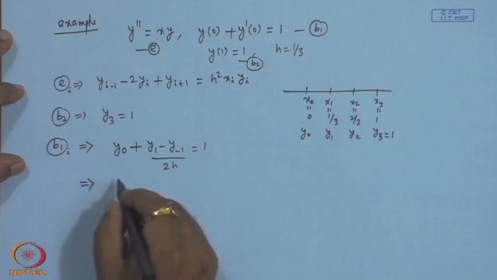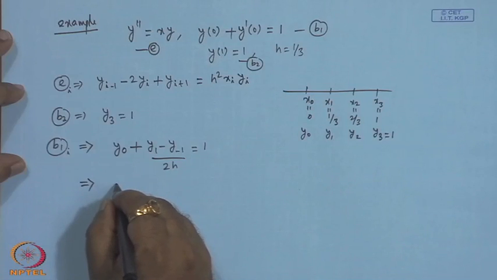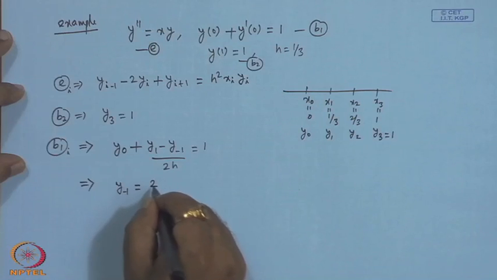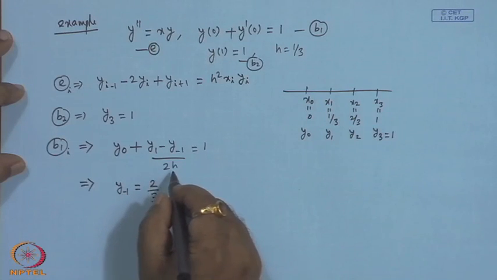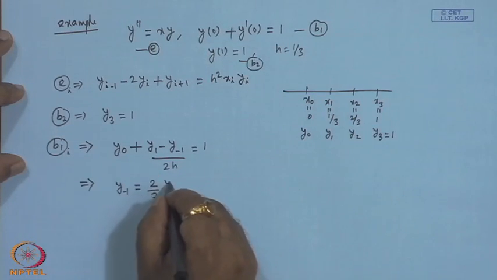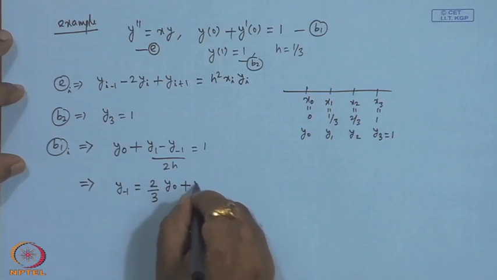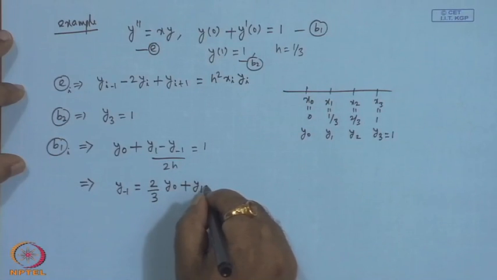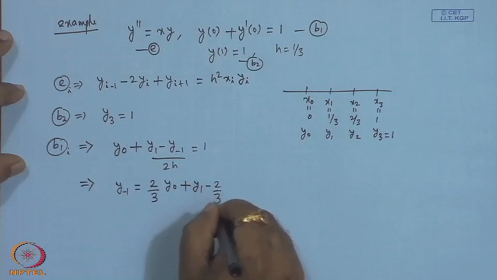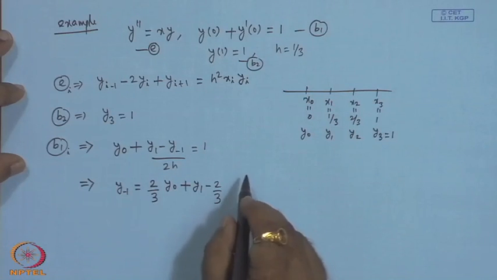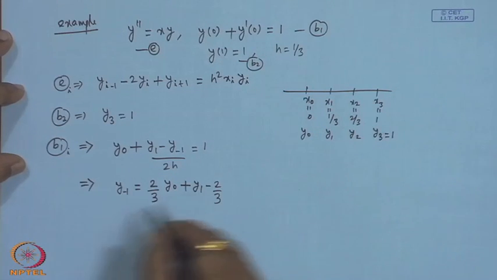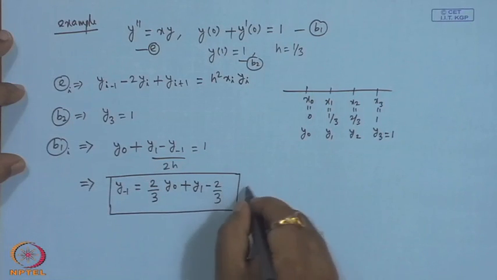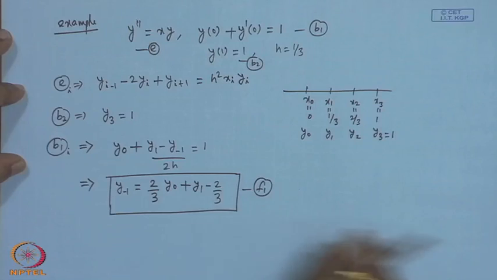So, this implies two by 3 y0 plus y1 minus 2 by 3. So, this is F1.